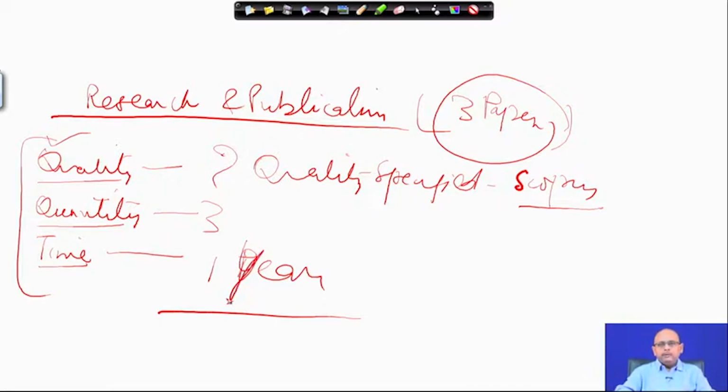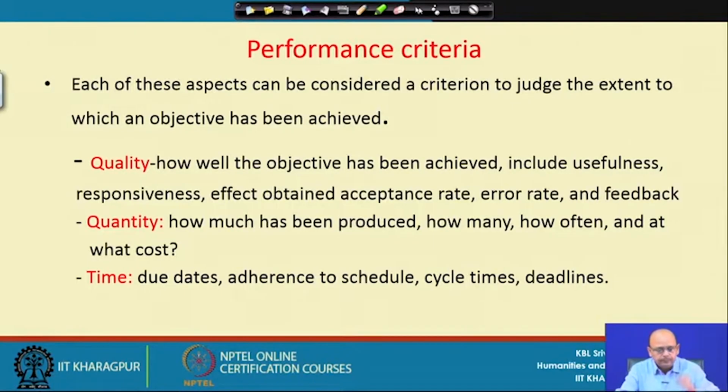So, we are talking about three things: quality, quantity and time. For each and every objective you need to decide the performance standards, which have three dimensions: quality, quantity and time, and the performance is measured against this only, right. So, quality, how well the objectives have been achieved. Quantity, how much has been achieved, how much has been produced, how many, how often, at what costs, right.